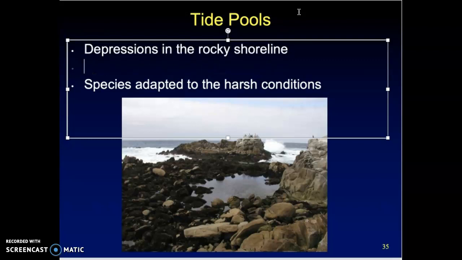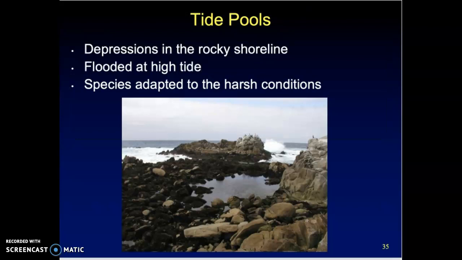So you'll find this in different parts of the world along the coastal areas where high tide comes in and it floods the shore area and these little pockets of water form and then the pocket of water slowly evaporates. Harsh conditions. So imagine that little pool of water there and it's 95 degrees out, bright sun for the next 5 hours. It's going to get hot in that water.